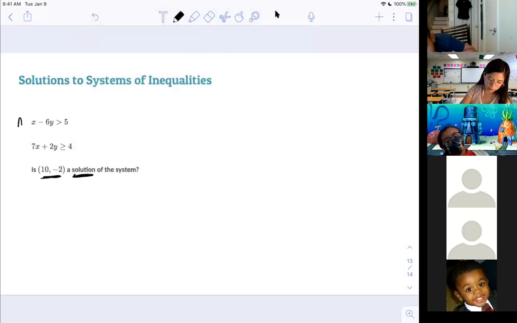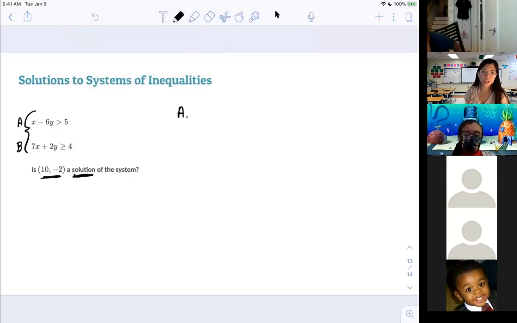So I have inequality A and inequality B. I'm gonna plug the point into both, and if it's a solution, what has to happen? Okay, let's just do it.